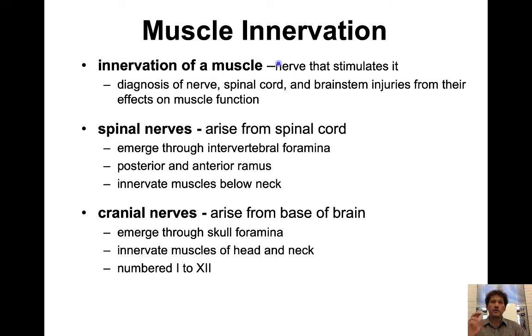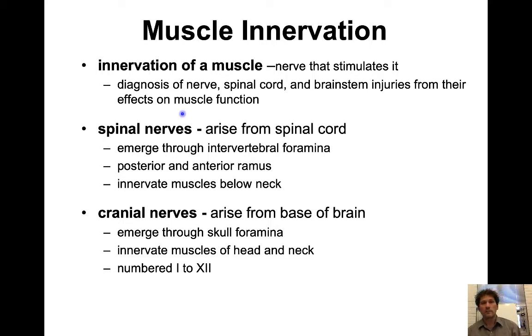Now, if we talk a little bit about innervation, or the nerves that are coming in to stimulate a muscle, we can think about nerve damage, spinal cord damage, or brainstem damage, depending on what effects are going on with that muscle.